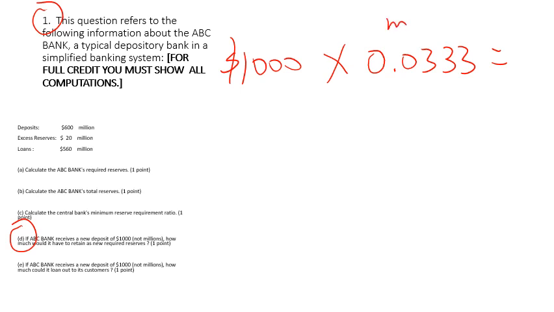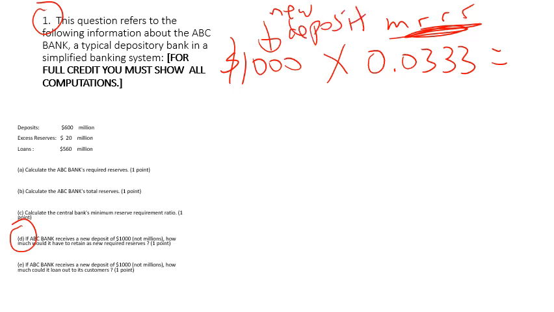Okay, again, this is the MRRR, which we calculated in C, and this is the new deposit. And the question is, how much is the bank forced by the central bank to hold back, to retain, not to loan out to its customers? The answer is $33.30.